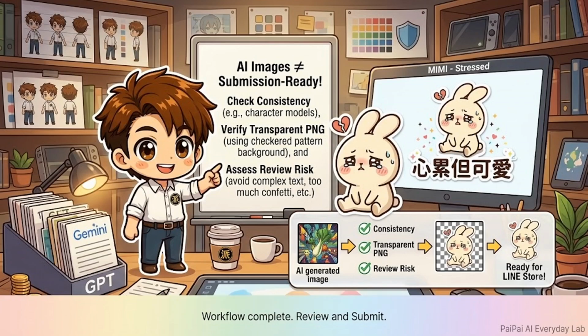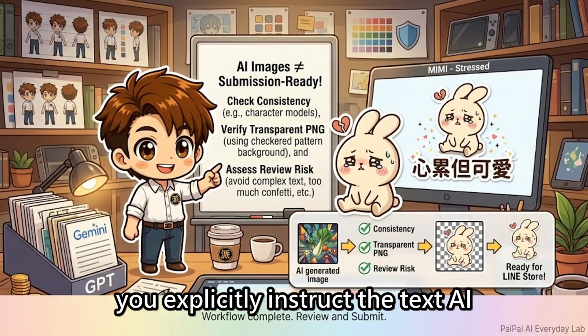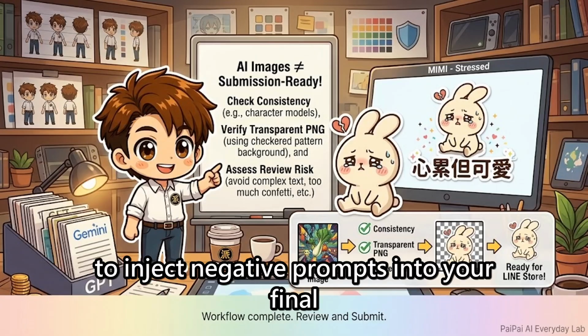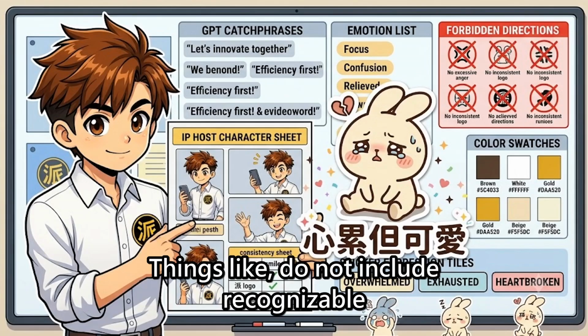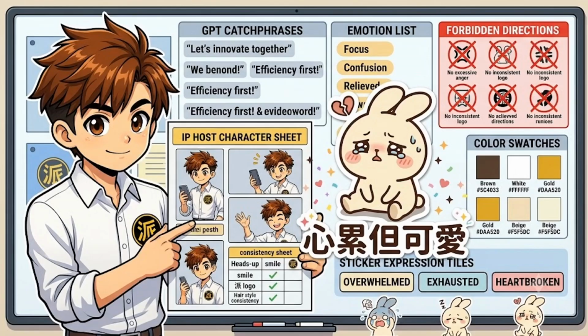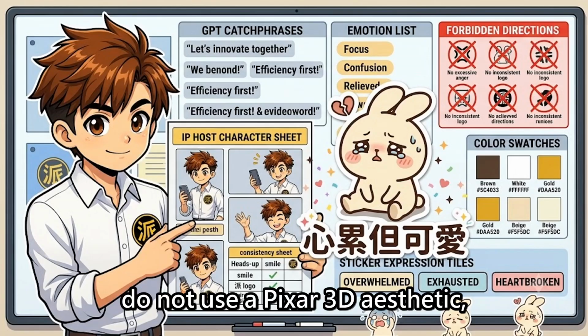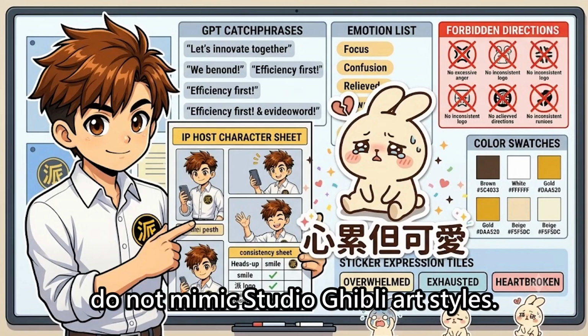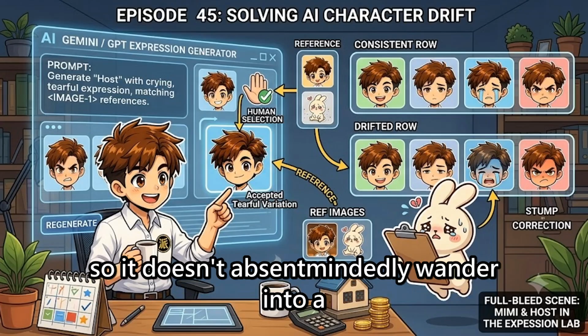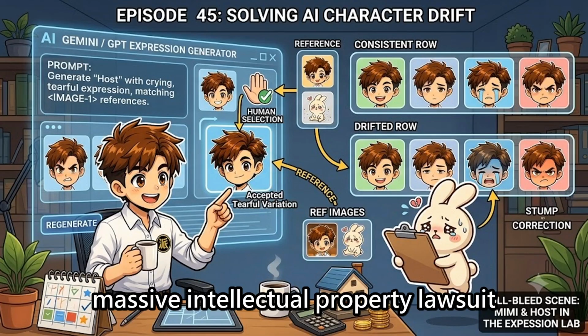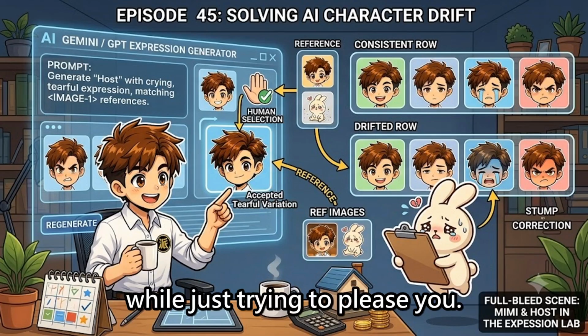Yes, precisely. When you establish forbidden directions, you explicitly instruct the text AI to inject negative prompts into your final image generation prompts. Things like, do not include recognizable brand logos, do not use a Pixar 3D aesthetic, do not mimic Studio Ghibli art styles. You are basically fencing in the AI so it doesn't absent-mindedly wander into a massive intellectual property lawsuit while just trying to please you.